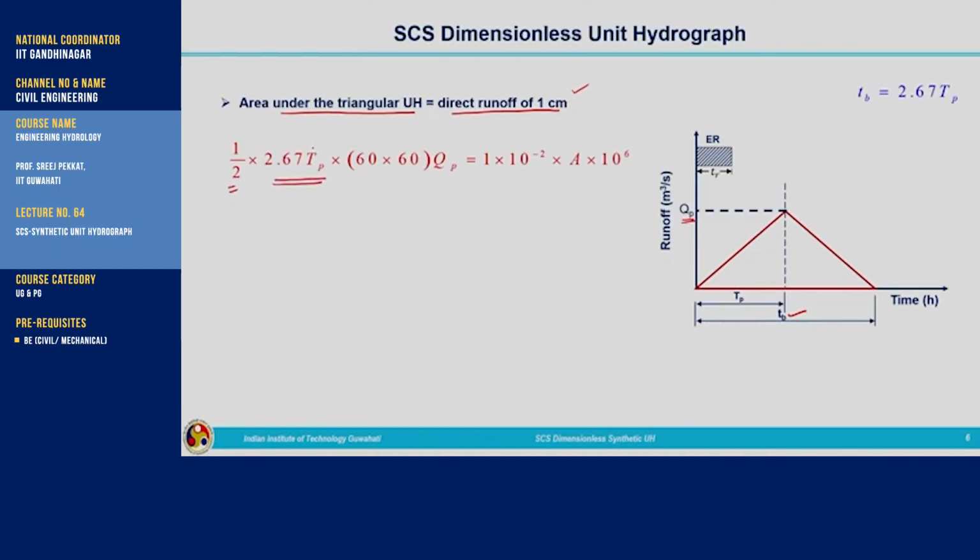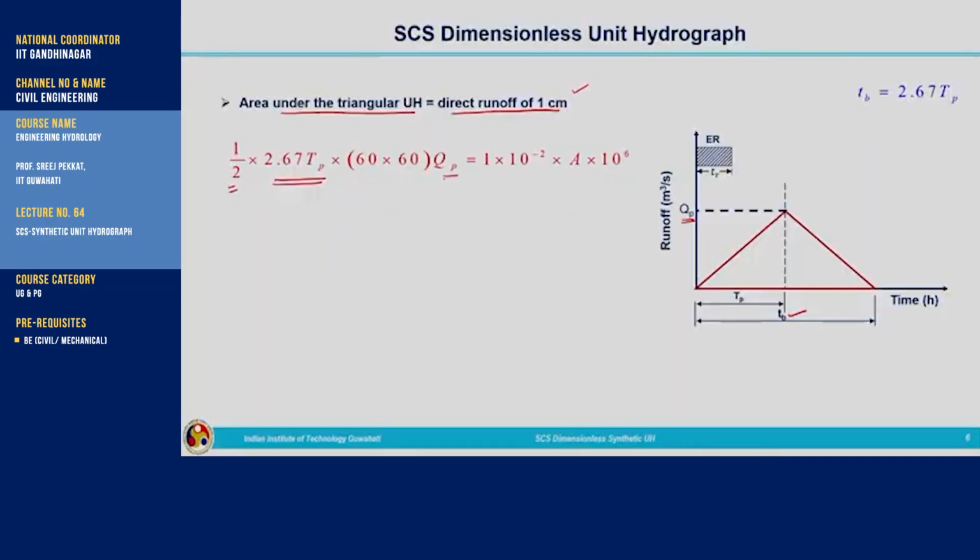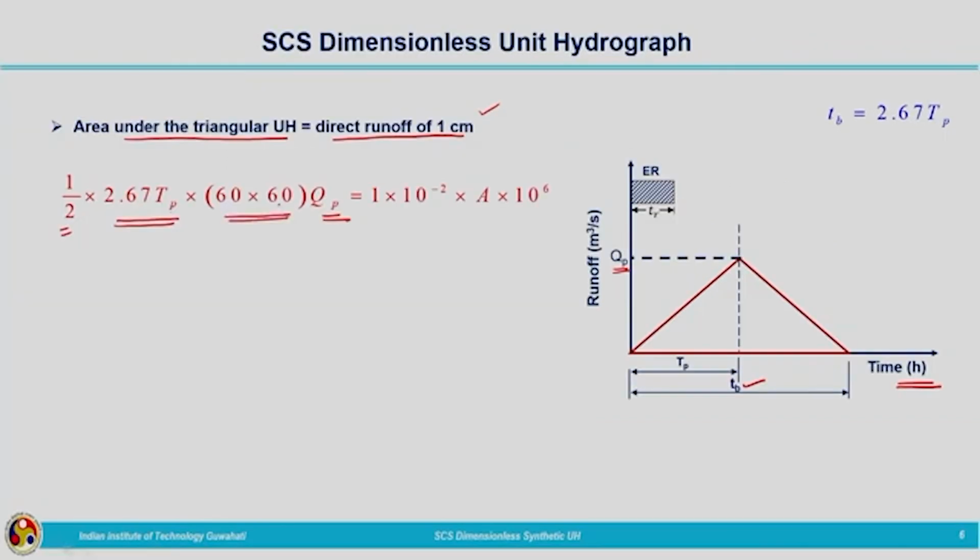Capital TP is nothing but the time to peak or time of rise, the time from the beginning to the peak runoff. And our QP is in meter cube per second, and in this case time is marked in hours. So, we need to convert TP into hours, that is why we are multiplying with a conversion factor of hours to seconds.